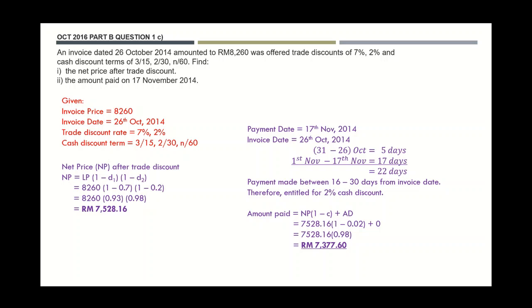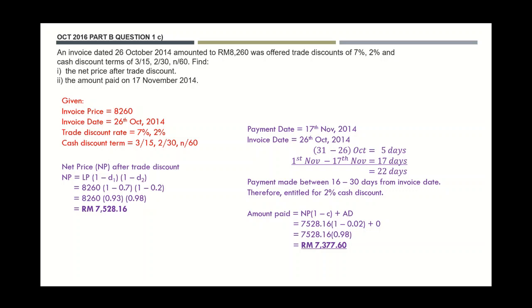The amount paid is 7,377 ringgit and 60 cents. Okay, so that is the amount paid if payment was made on the 17th of November. So you can see the process. First of all, you need to find the number of days, identify the cash discount if entitled, and then calculate the amount paid. So that is the process.